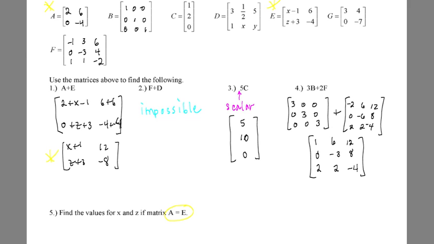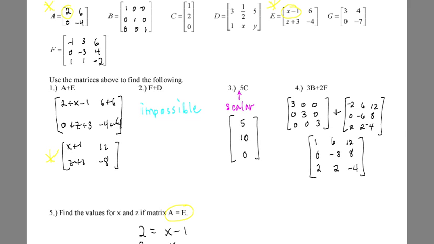And remember, on equality of matrices, it says two matrices are equal if corresponding entries are equal. That means what's in this position has to equal what's in that position. Well, that says that 2 must be equal to X minus 1. That's a real simple equation to solve for X. X is going to end up being 3.